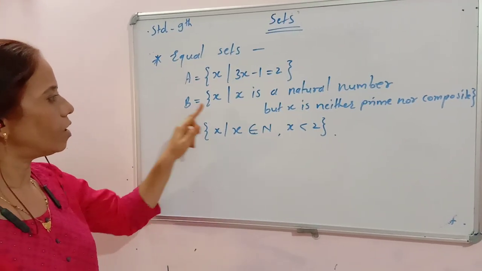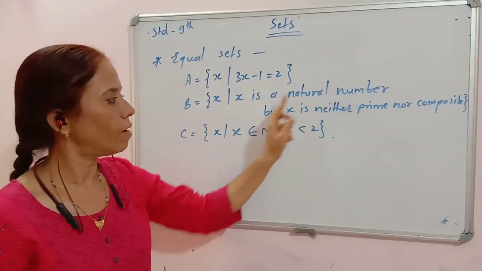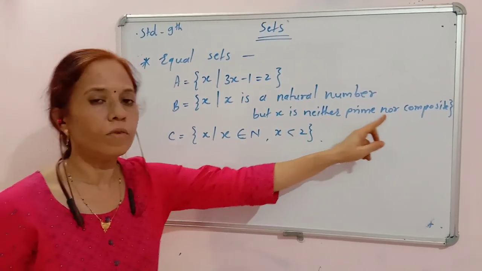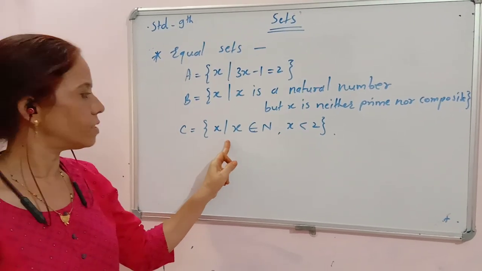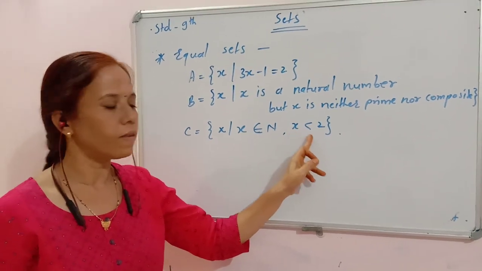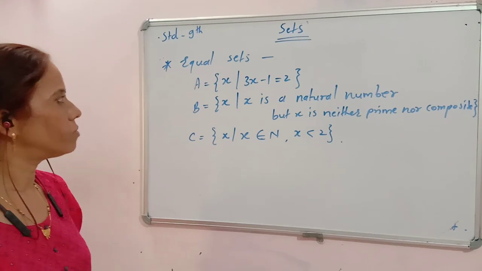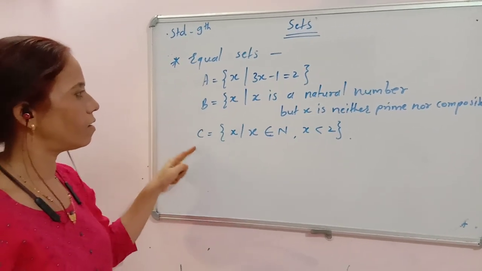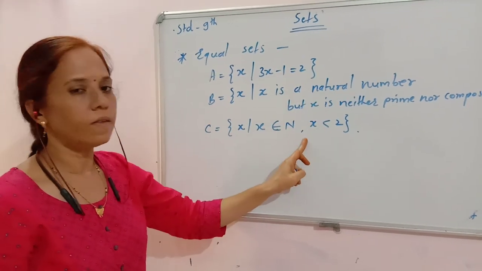Then B is the set of all x such that x is a natural number but neither prime nor composite. And C is the set of all x such that x belongs to N, a natural number, and x is less than 2. To check whether these sets are equal or not, we have to write all three sets in listing method.